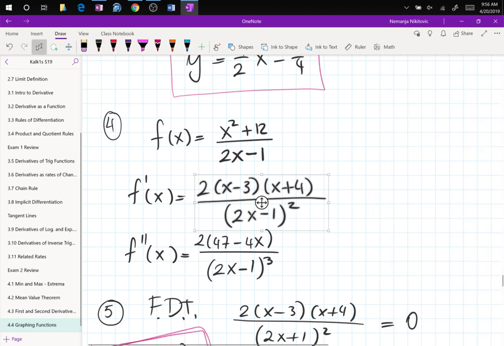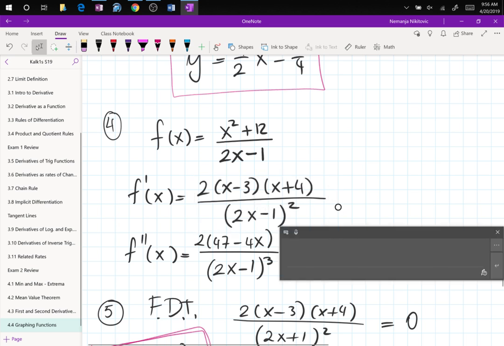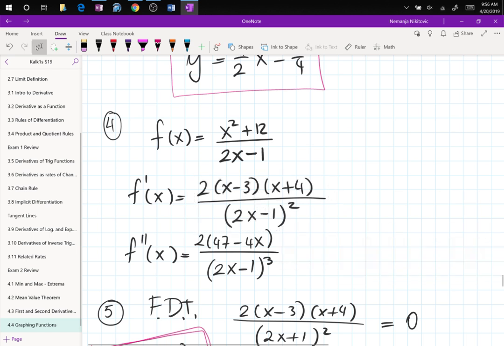So this is what? When you FOIL, you have x squared plus x minus 12, and when you double it, it becomes 2x squared plus 2x minus 24, divided by (2x minus 1) squared.